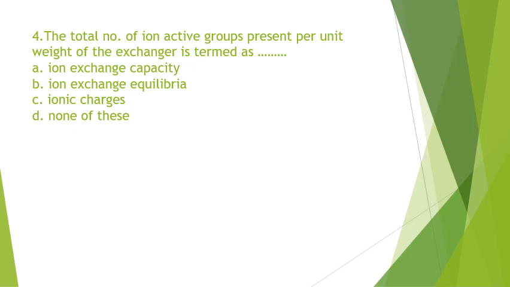And our correct answer is option A, ion exchange capacity. The ion exchange capacity of a resin is defined as the total number of ion active groups present per unit weight in it.